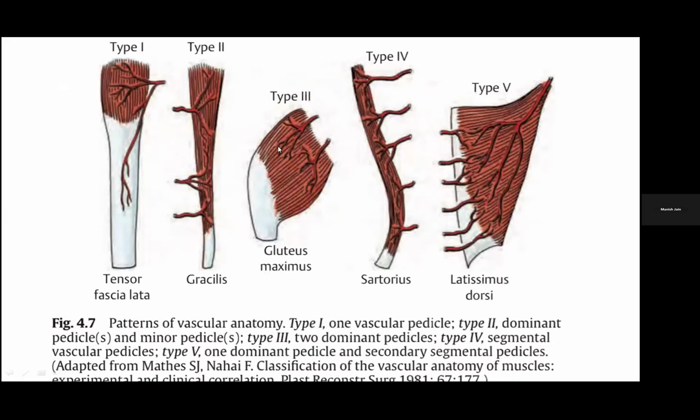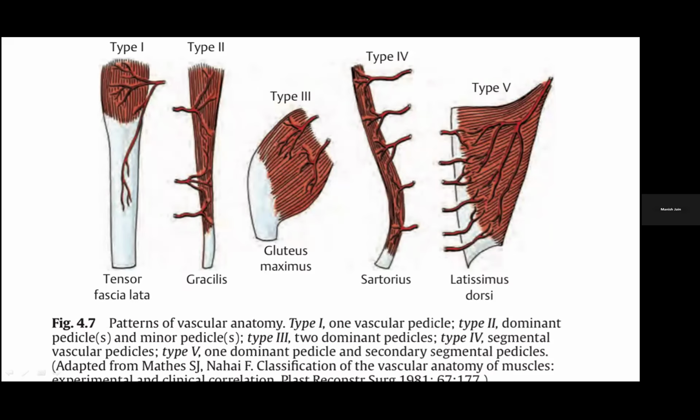Type 4 is multiple segmental vascular pedicles, like in the sartorius. So this is a very unreliable flap, because the vessels are not reliable. And type 5 is one dominant and secondary segmental vascular pedicles, like in the latissimus dorsi or pectoralis major flap, in which the thoracodorsal is the one dominant pedicle and the perforators from the intercostal arteries are the secondary segmental pedicles.